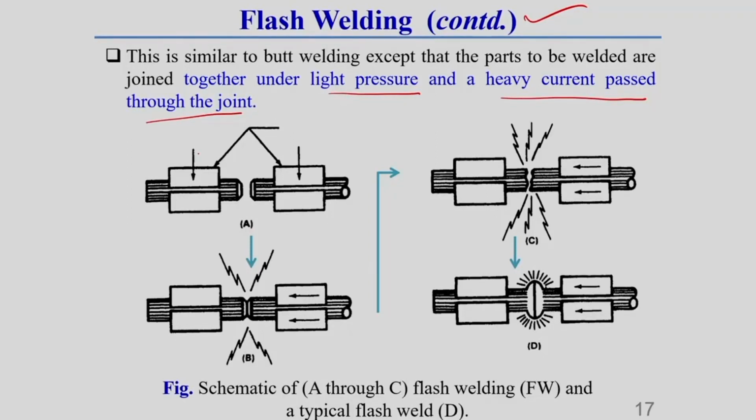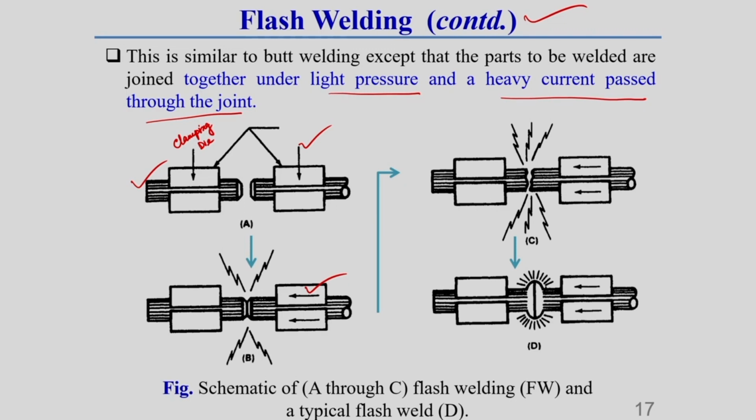Here I am showing what is generally called the clamping die. One clamping die is stationary, and the other clamping die is movable, which I have just shown here. This arrow direction represents the movable electrode.